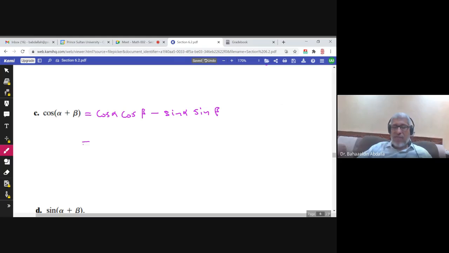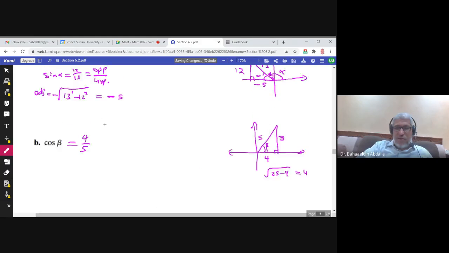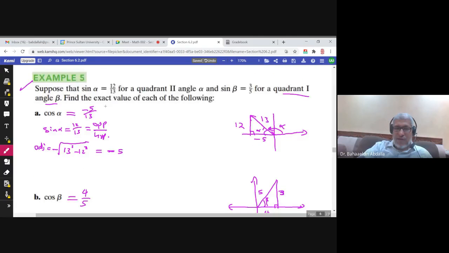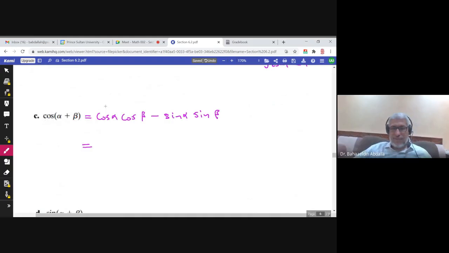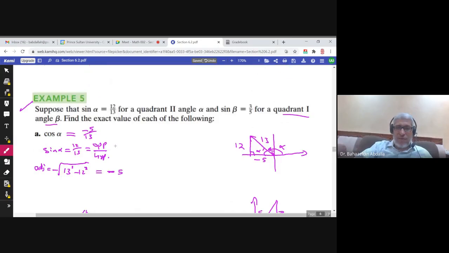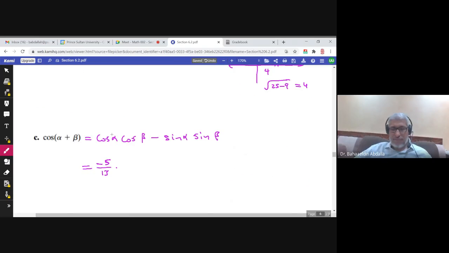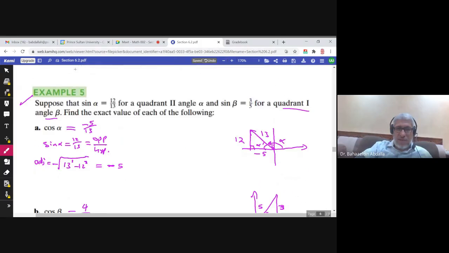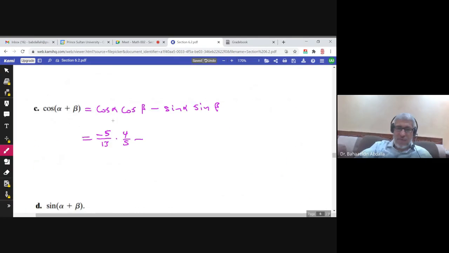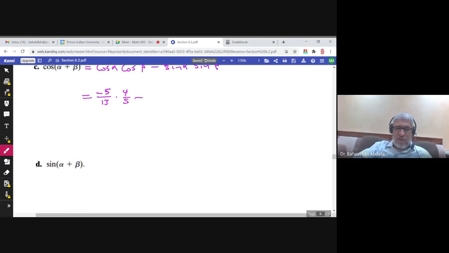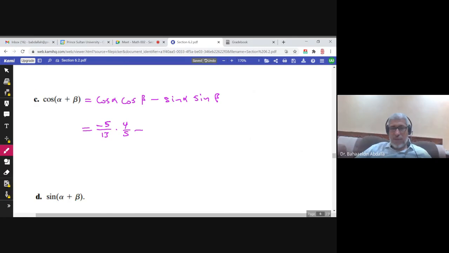And you have the triangle of alpha. So what is cosine alpha? Negative 5 over 13. What is cosine beta? 4 over 5. Sine alpha, what is sine alpha? It's given in the question, 12 over 13. You can also find it from the graph, the sketch.